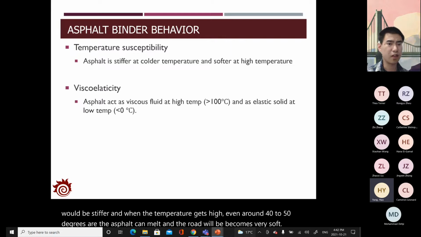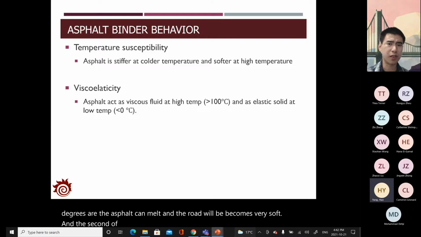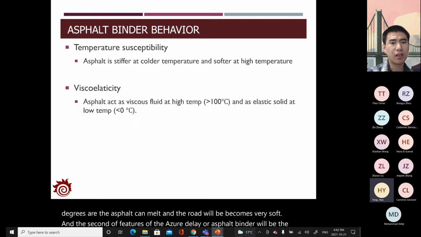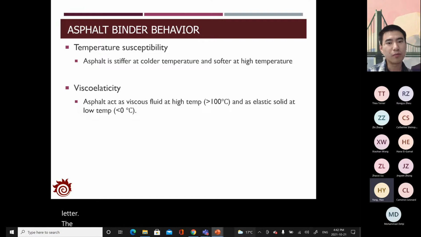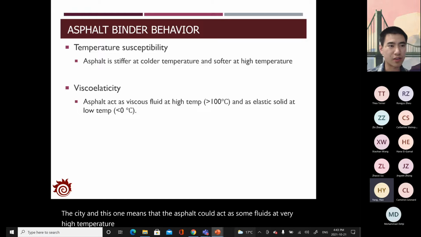The second feature of the asphalt layer or asphalt binder will be the viscoelasticity. This means that the asphalt could act as a fluid at a very high temperature, for example, around 100 degrees. This might happen only in some very hot areas in the world.